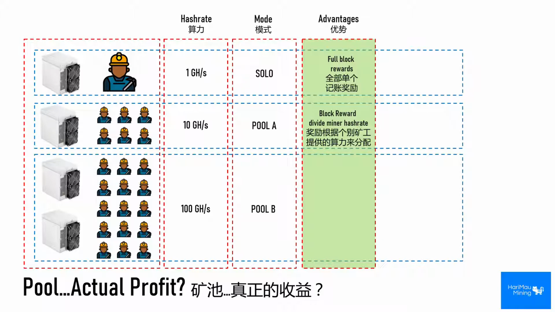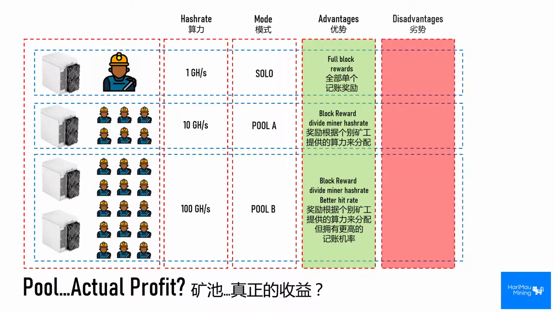So if you have fewer miners, whenever pool A hits the block, the reward is higher. Now pool B has a better hit rate because the network hash rate is higher, but because the pool is bigger, the block reward is lower compared to pool A.